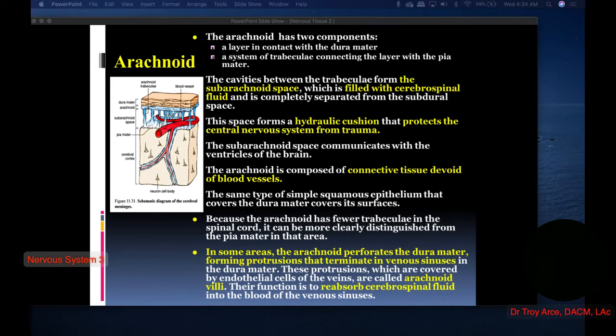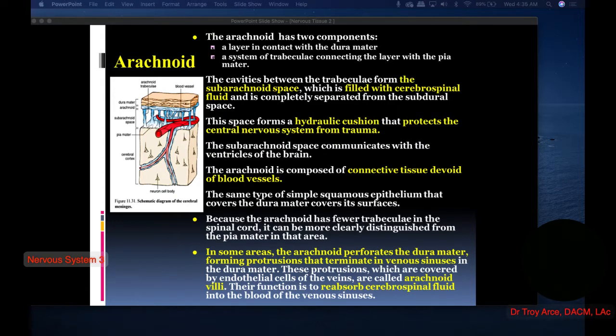mater in that area. And in some areas, this arachnoid perforates the dura mater, forming protrusions that terminate in the venous sinuses in the dura mater. And these protrusions are covered by endothelial cells of the veins, and are called arachnoid villi. Their function is to have anastomosis and communication to reabsorb the cerebrospinal fluid into the blood of the venous sinuses.